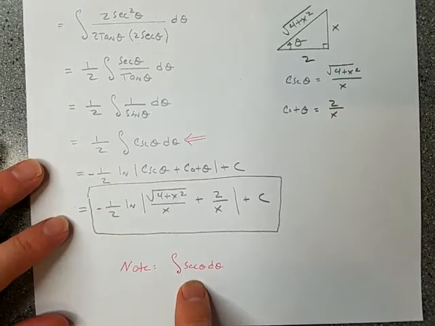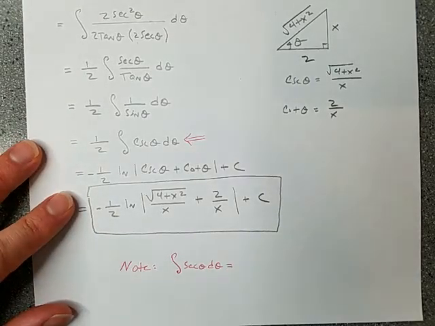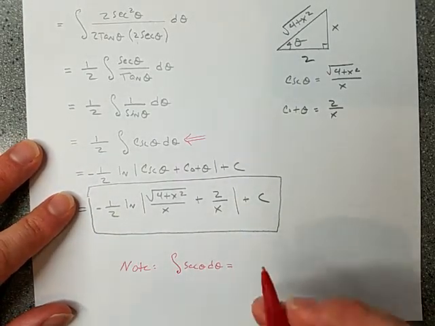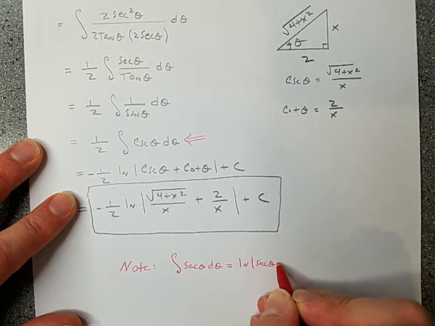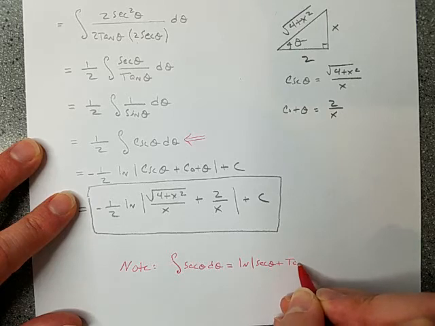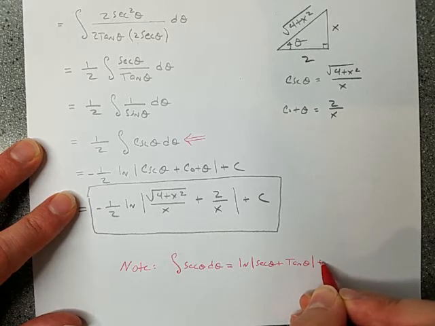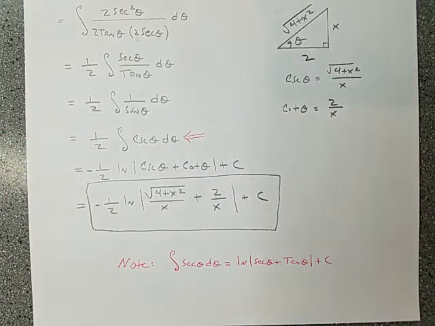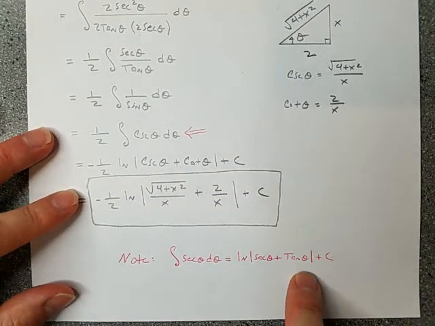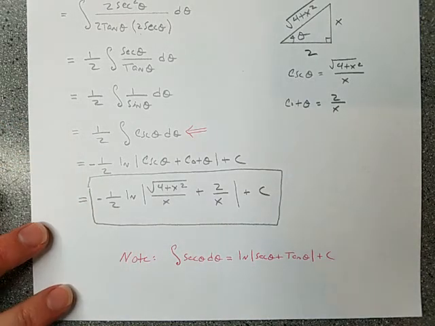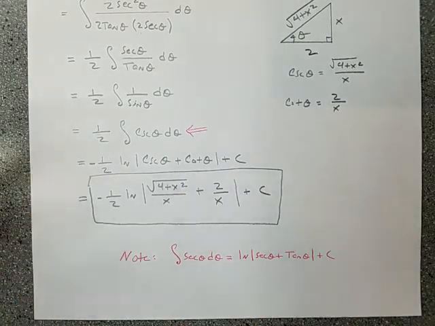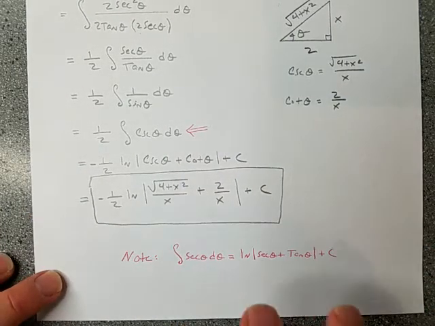There's no secant, but in case you see that, I'll remind you that what we figured out is that the antiderivative is natural log absolute value of secant theta plus tangent theta. So also covered elsewhere previously. I think even in the video that involved that one, I worked it out start to finish. I showed you how it used substitution. But in case you run into it while you're doing this kind of stuff right here, there it is.